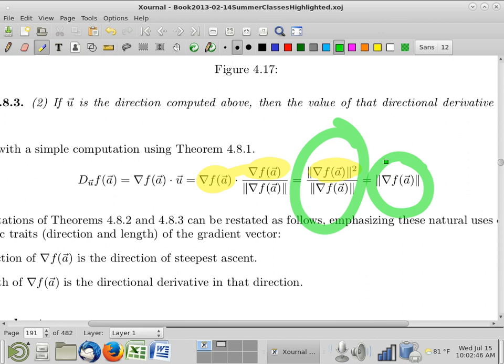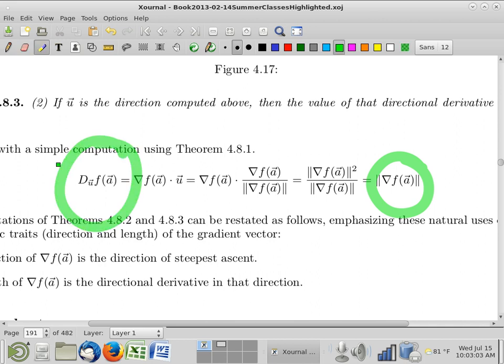the other geometric feature of the gradient vector is also interesting. The direction of the gradient vector is the direction of fastest increase. The magnitude of the gradient vector is how fast the function's increasing in that direction. Again, going back to the graph metaphor, how steep is the mountain? Well, the magnitude of the gradient vector tells you how steep the mountain is, obviously in that direction of uphill.